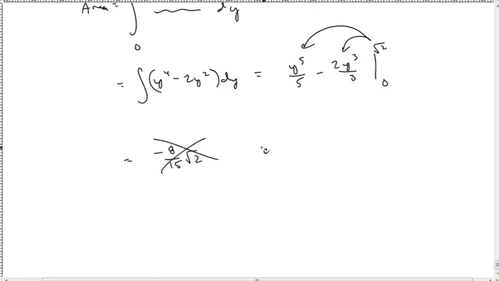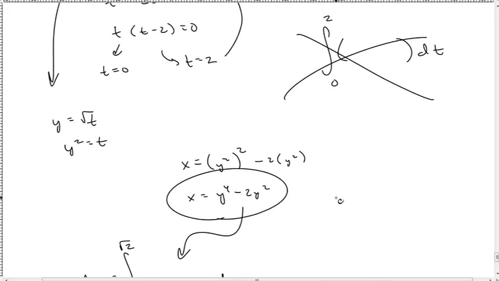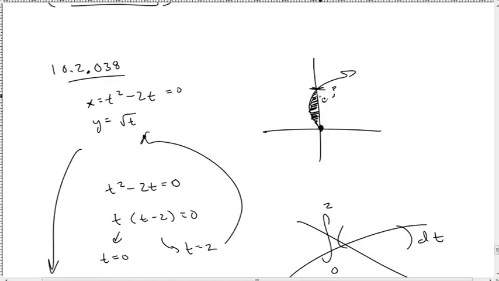Of course, negatives are not going to be your area. It's a positive. Everyone knows that. Positive area. So why did I get a negative on my answer in particular? The reasoning being is that I probably had my top minus bottom not right. I mean, notice right here, this is technically on the top and this is on the bottom.